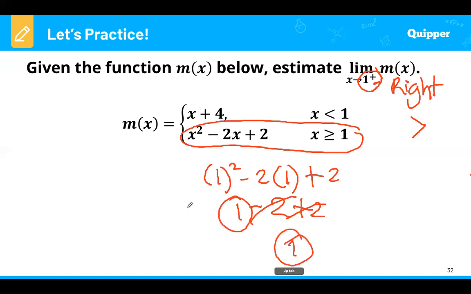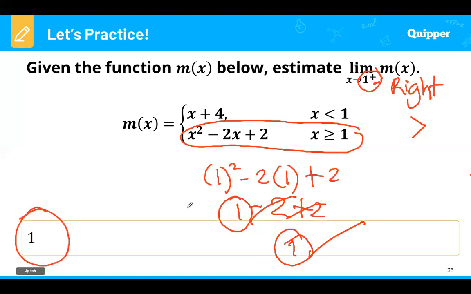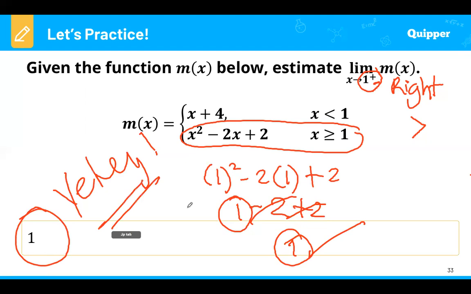So the limit of m of x, if x approaches 1 from the right, is 1. Let's check. And we are correct. The answer is 1. Okay? Yay! Diba? It's super easy.